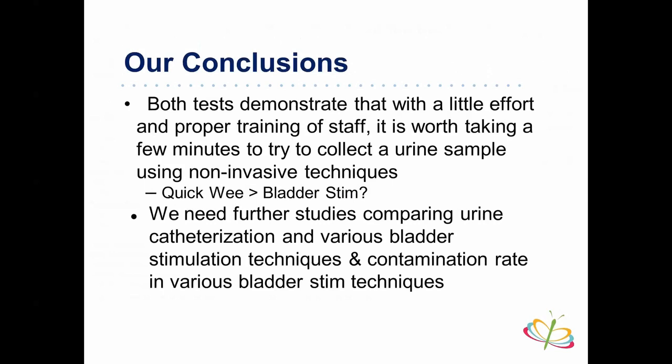But we definitely need more studies looking at different aspects, for example, comparing urine cath and the different bladder stimulation techniques, and also looking at the contamination rate of the various bladder stim techniques. Considering the high contamination rate, even though it wasn't significant, there was a bias there too. So those were our conclusions.